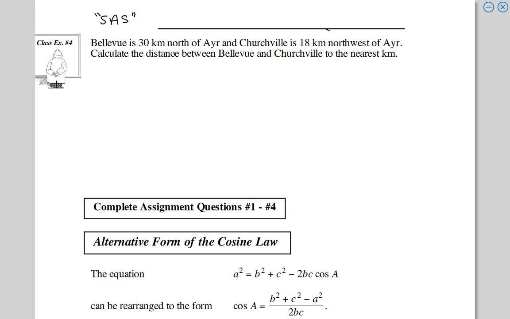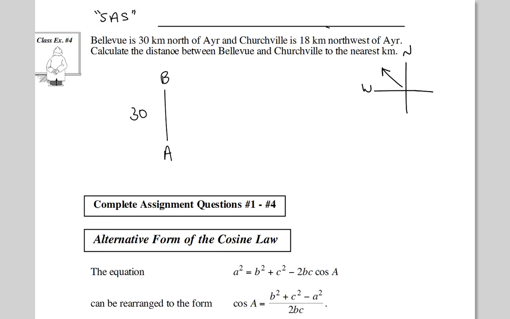Okay, next one. Bellevue is 30 kilometers north of Air. Okay, so B, A, 30. Okay with that? Bellevue, 30 north of Air. Just use the first letter. And Churchville is 18 kilometers northwest of Air. Okay, so where's northwest?